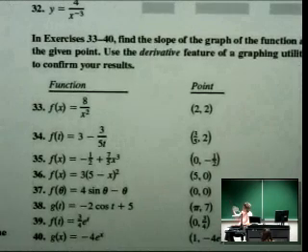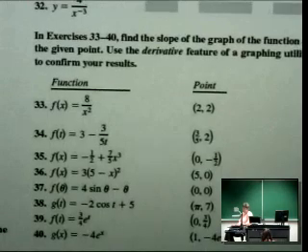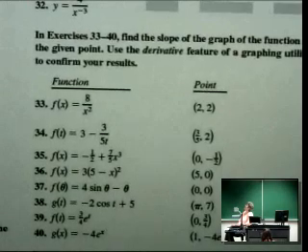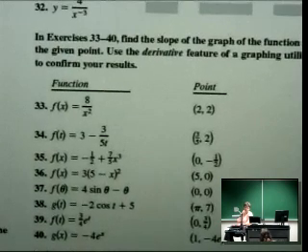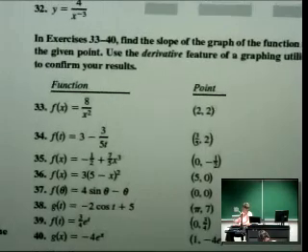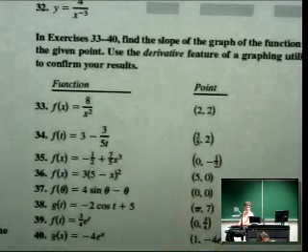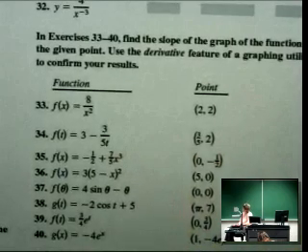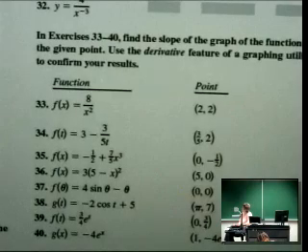Find the slope of the line or the curve at the given point. Take the derivative. Plug in your x, and then substitute your x into the derivative. The derivative gives you a formula for finding the slope of the tangent line at any point. So I'm giving you a point and saying, find the slope of the tangent line here. All right, 33, 34, 35, those are easy.